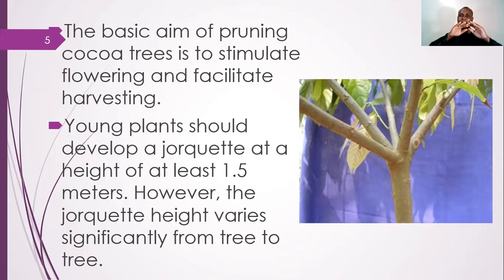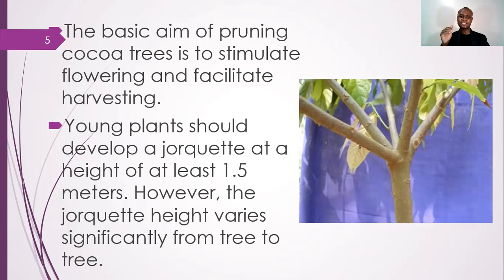So the first branch formation should not be allowed below 1.5 meters. This ensures proper ventilation on the farm, and number 2, it reduces the incidence of pod rot on the farm. It also makes movement on the farm easier. So if branching is formed below 1.5 meters, you have to cut them off.